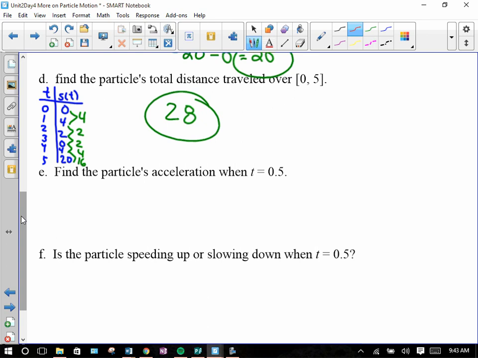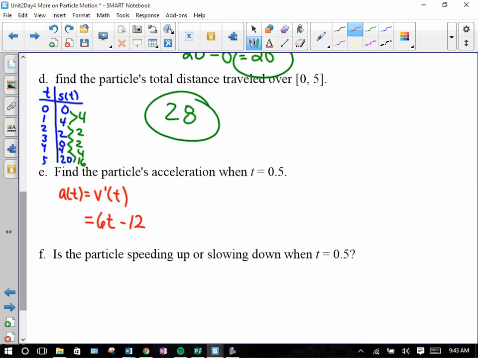So we know that acceleration a of t is equal to the derivative of velocity. You have the velocity function there. What is the derivative of the velocity function? It's going to be 6t minus 12.